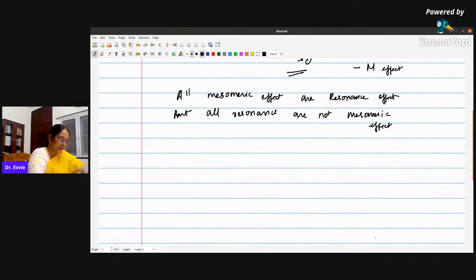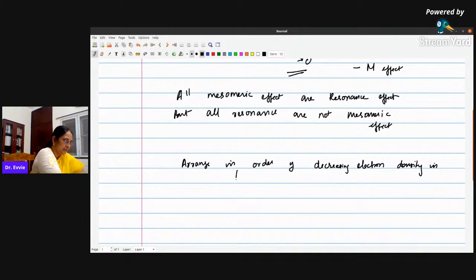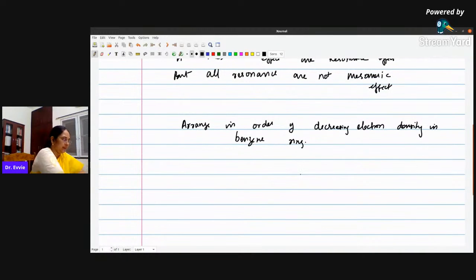Take down the question: arrange in order of decreasing electron density in benzene ring. Okay, so now see here, I've given one.